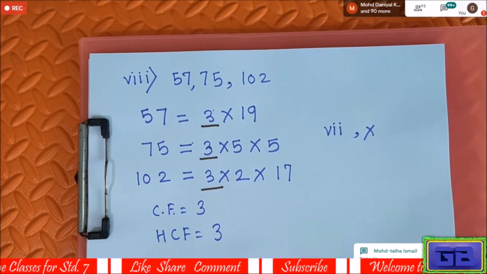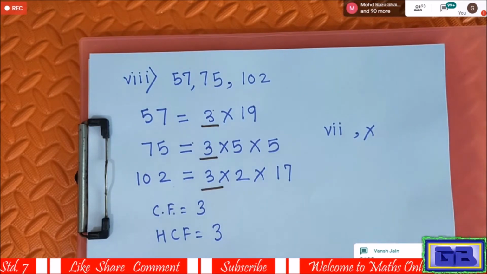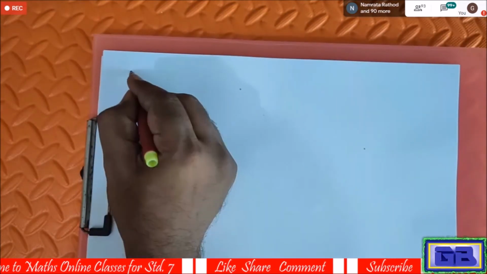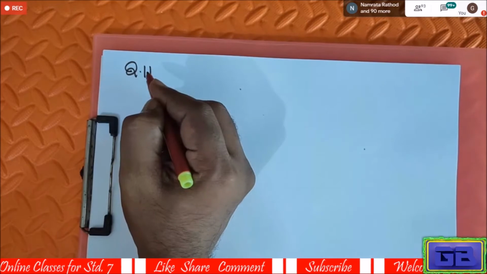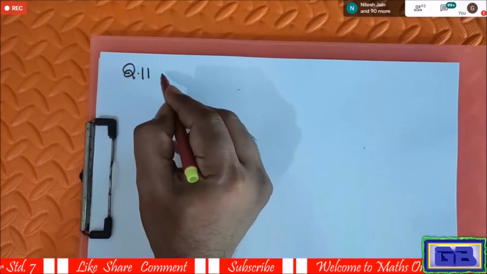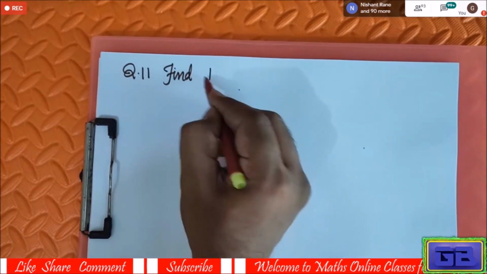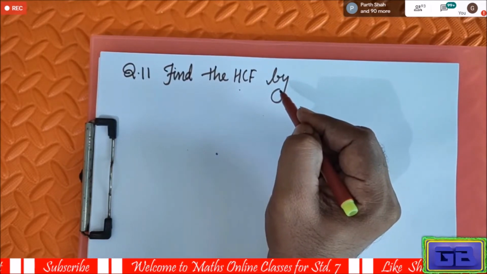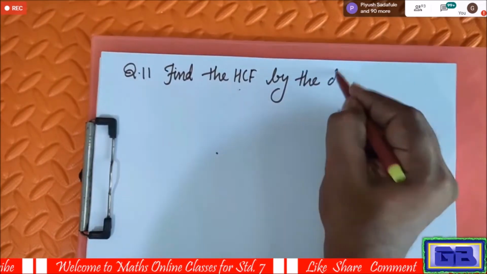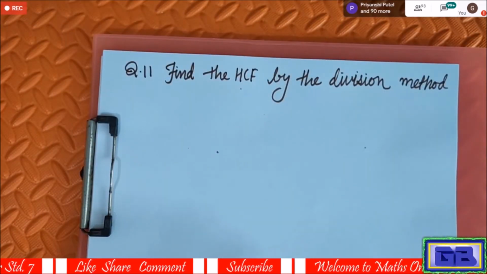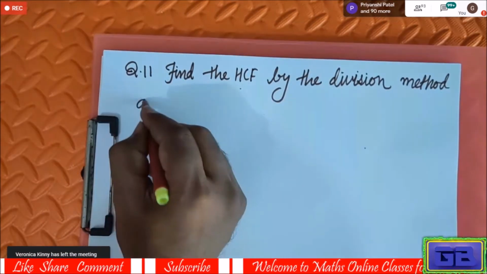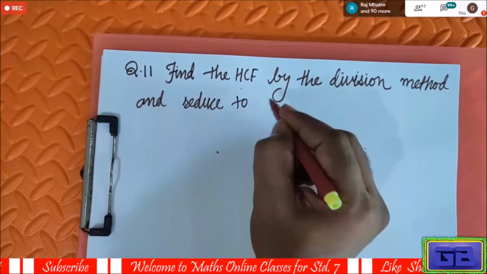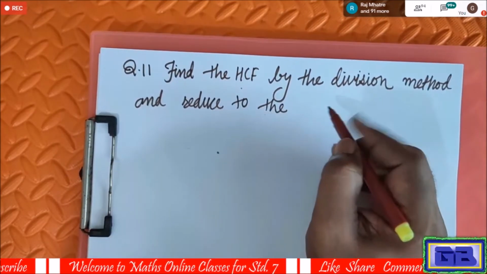Find the HCF by division method and reduce to the simplest form.